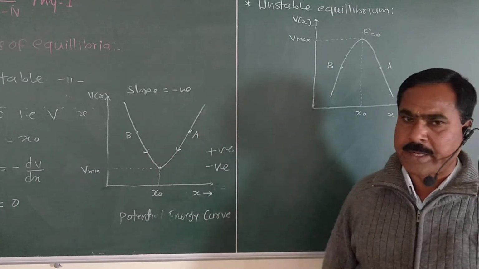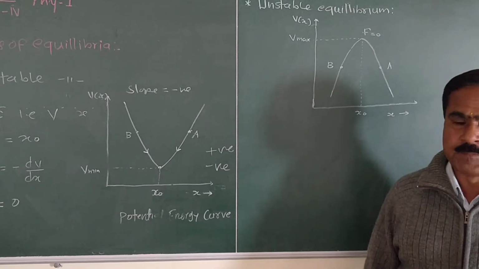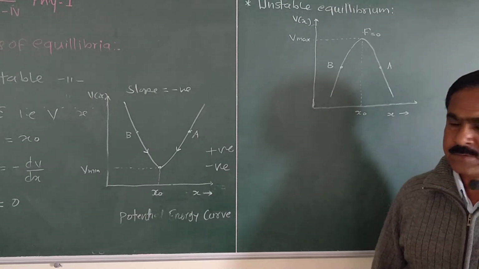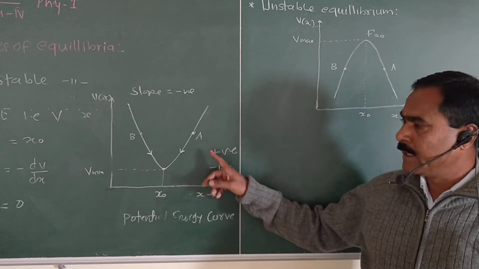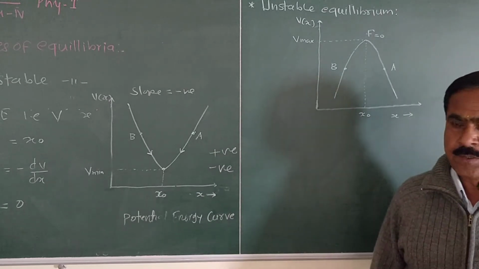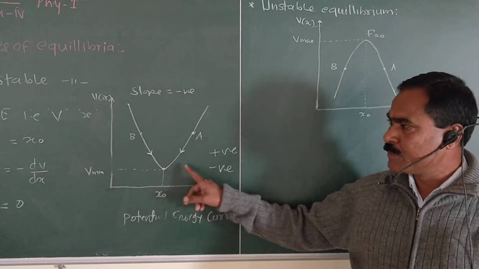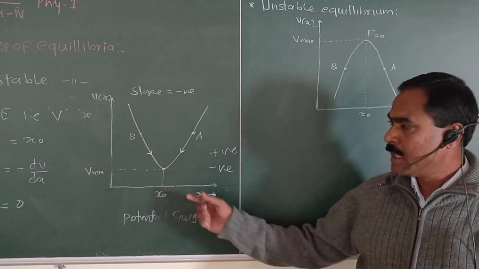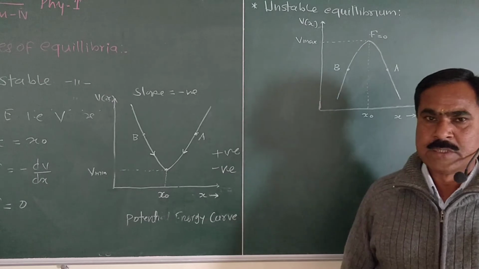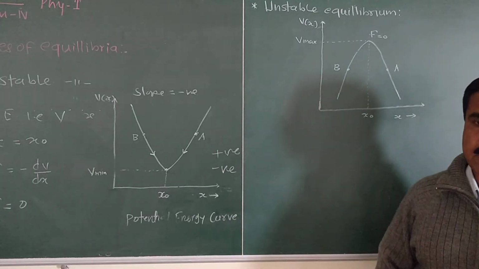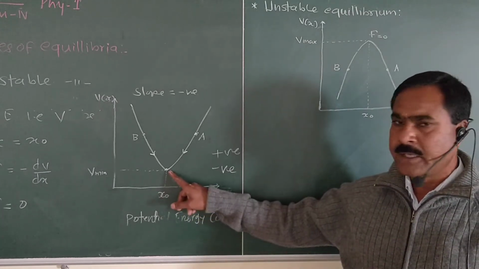Okay, so we have to define what is stable equilibrium. Stable equilibrium means if we give a slight displacement to the particle from its mean position, then it is always directed toward the equilibrium position, and the particle performs small bounded motion about the equilibrium position.